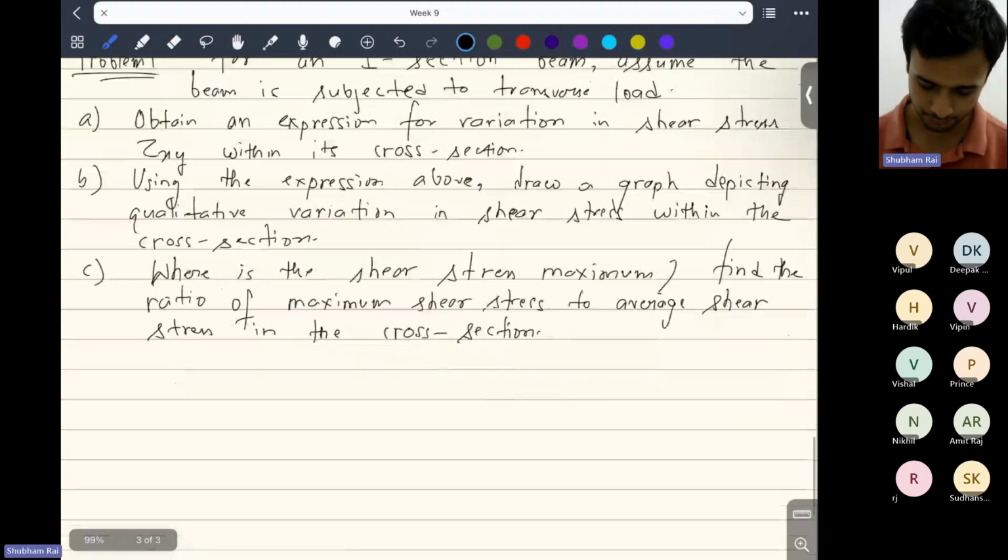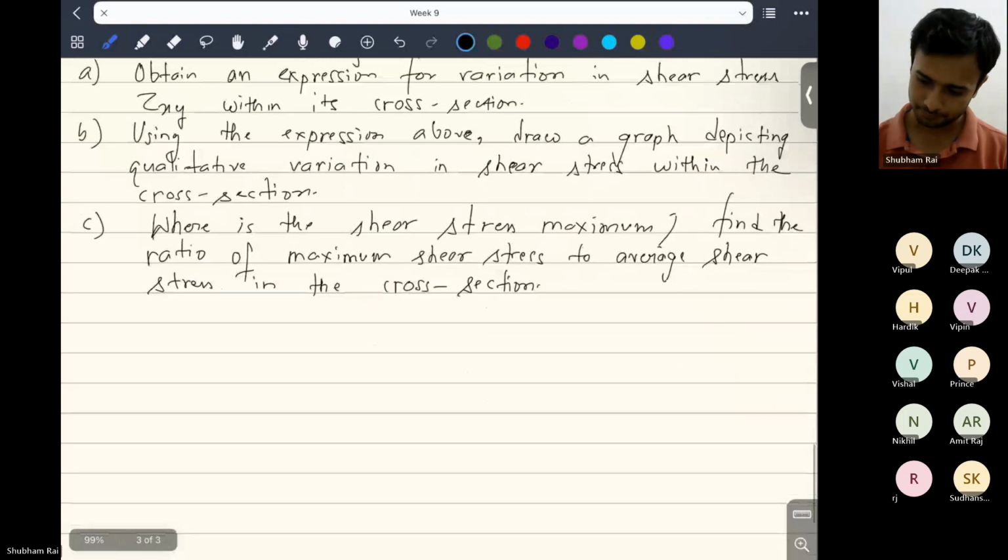Let me draw the I section. So the I section looks something like this.